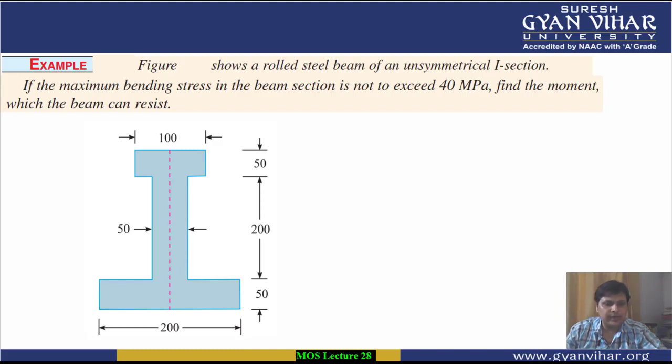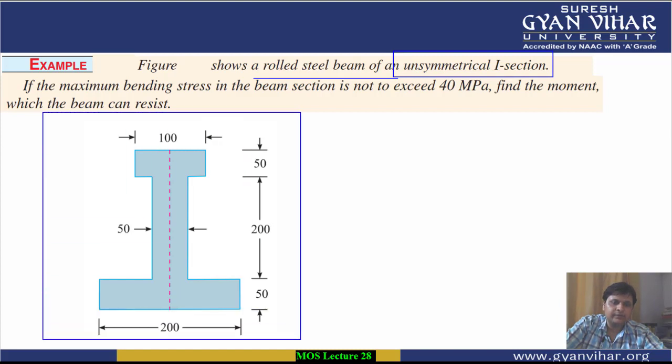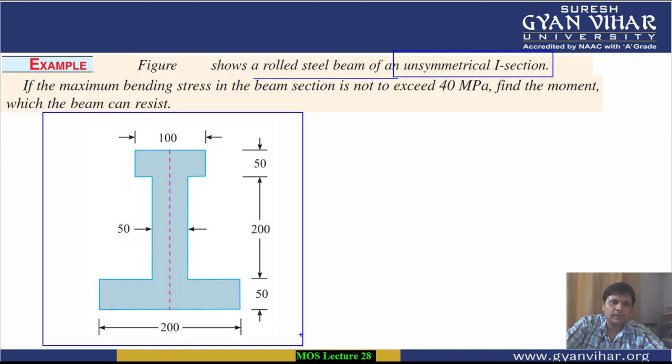Once again I am reading it out so that you can understand. This is the unsymmetrical I section, and we have to calculate the value of bending moment.